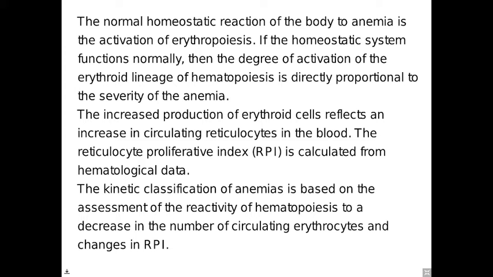The kinetic classification of anemias is based on this index. Today we commonly consider two classifications of anemias. Morphological, based on the morphological characteristics of the red blood cells, and another one, kinetic classification, based on the RPI. Kinetic classification is more frequently used in practice because it's much more convenient.